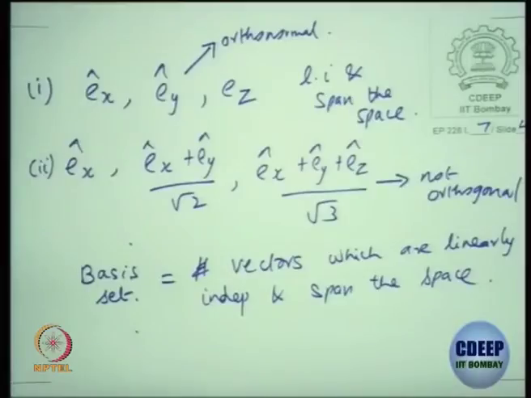Okay. So, you can work with any basis, not a problem, but conventionally whenever we do all our vector calculus and so on, we prefer to work with an orthogonal basis set. A basis set is a set of vectors which are linearly independent and could span the space.